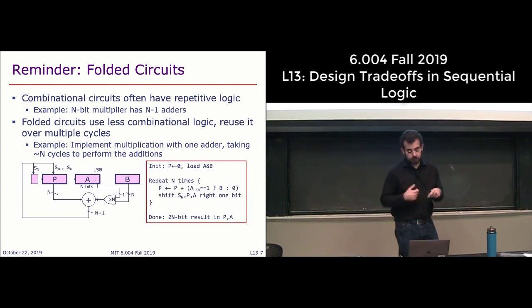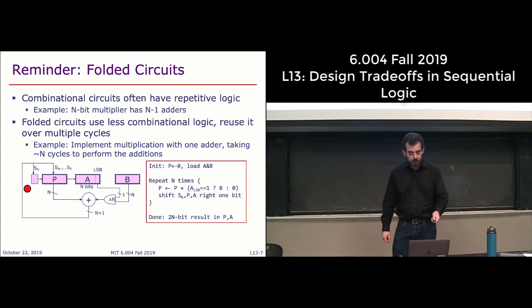So this is a possible implementation for a folded multiplier, where on each cycle we're computing a single addition, and then we're adding up these partial products. There are some shifts that need to happen between A and P.